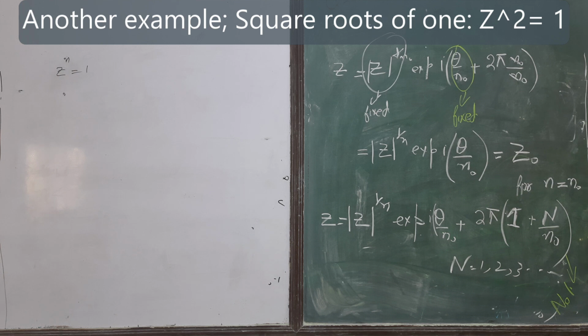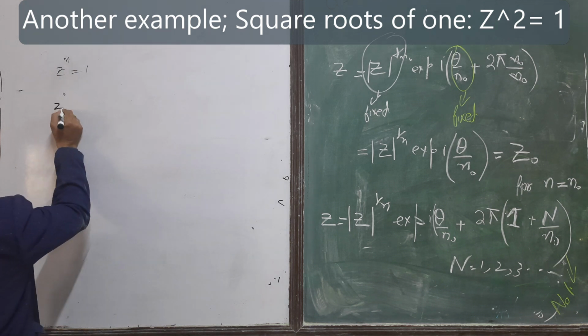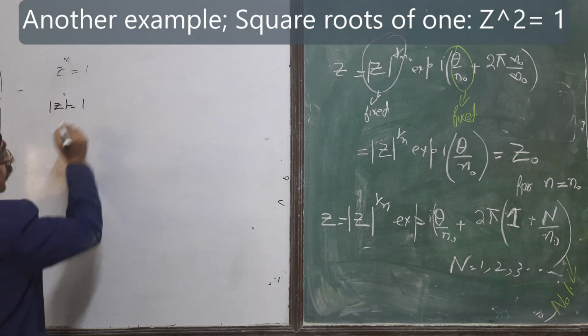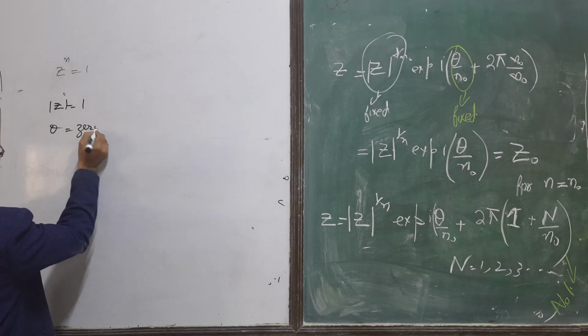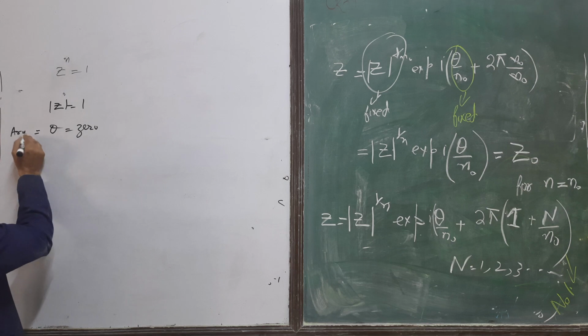Z equal to 1. Z magnitude is equal to 1. Theta is equal to 0, or r is 0.